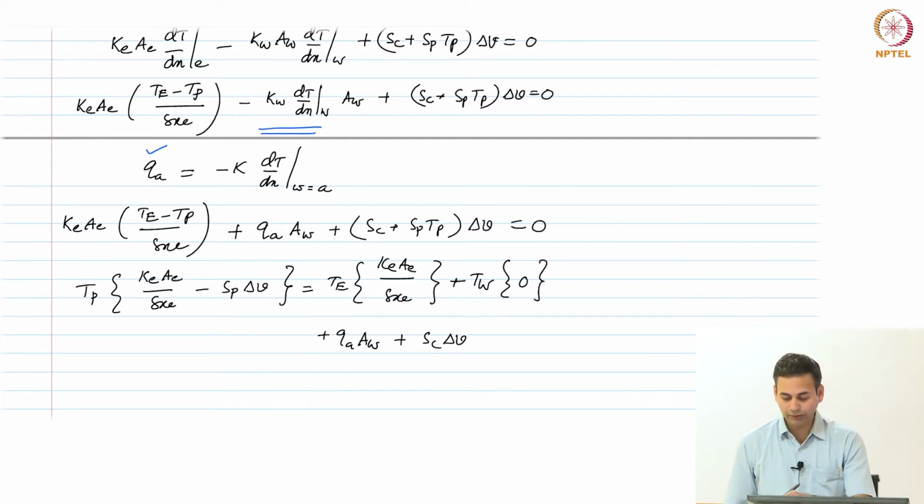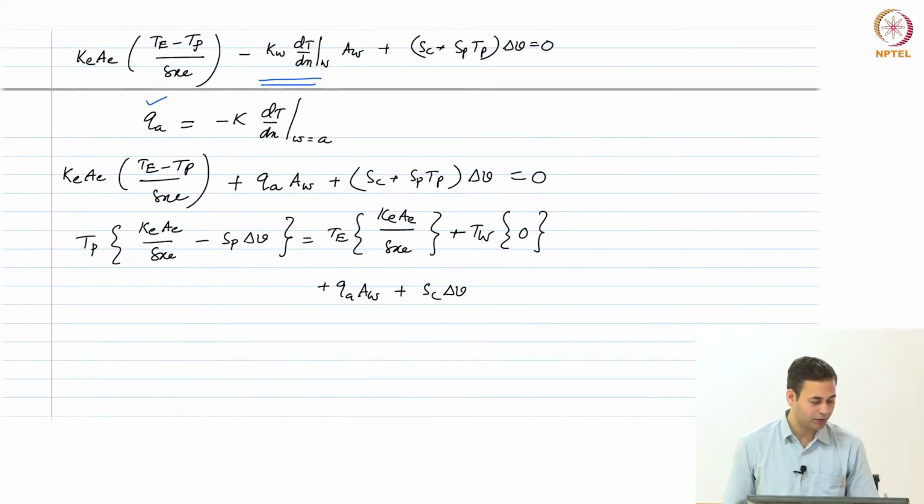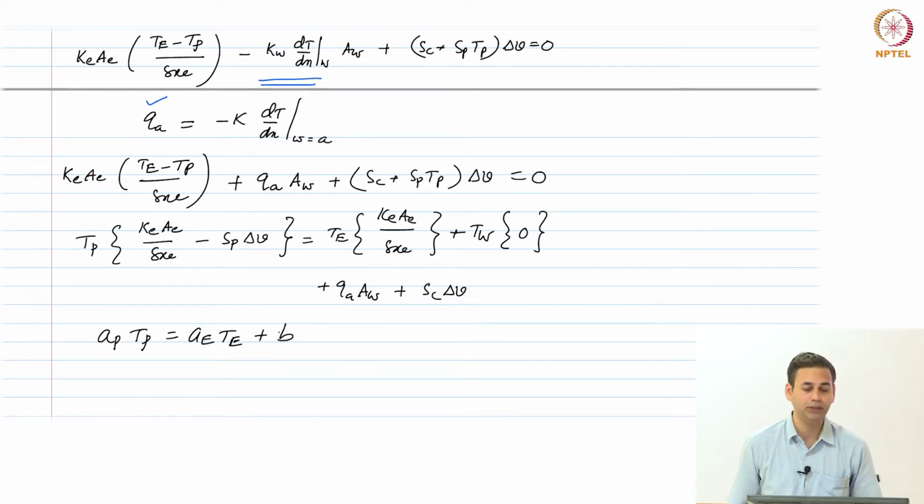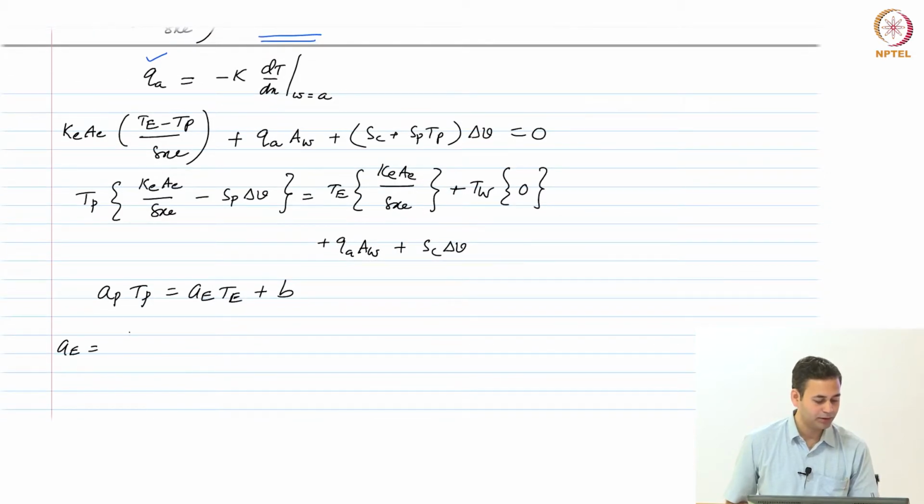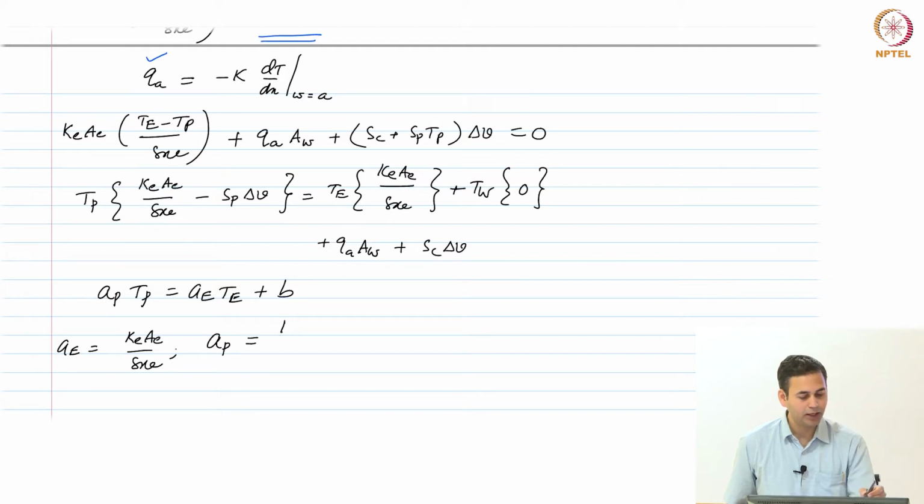Now if I write again in the coefficient form, this would be AP TP equals A east T east plus some B, where A east is nothing but K E A E upon del x E. What would be AP?